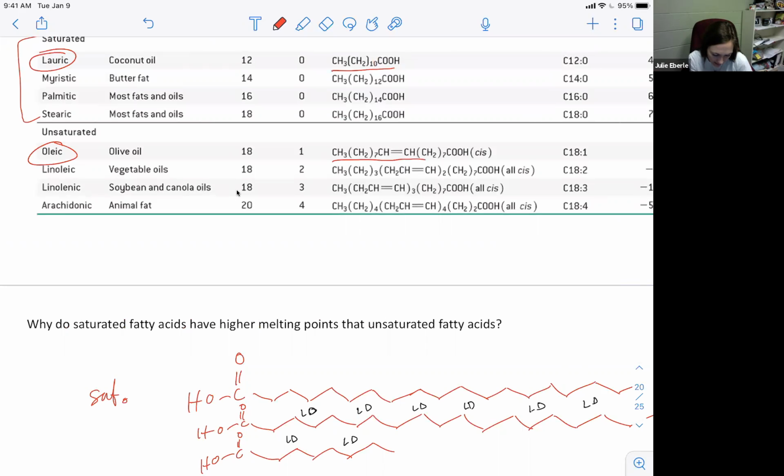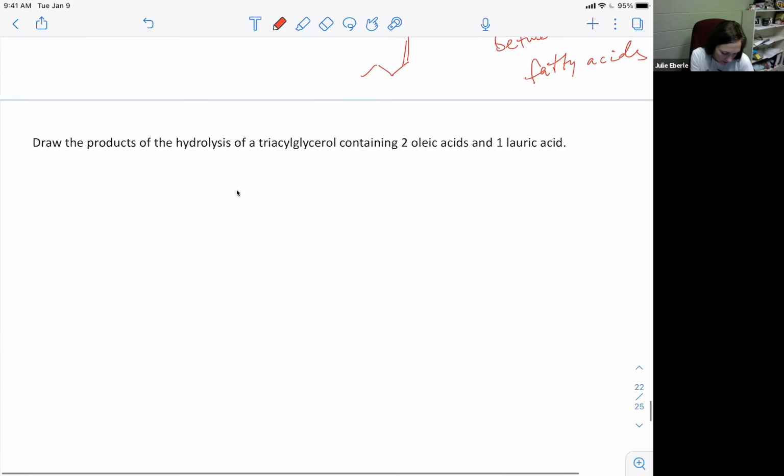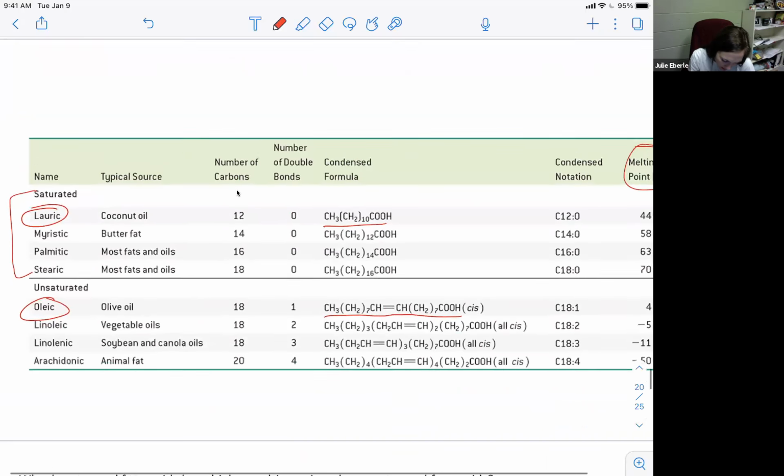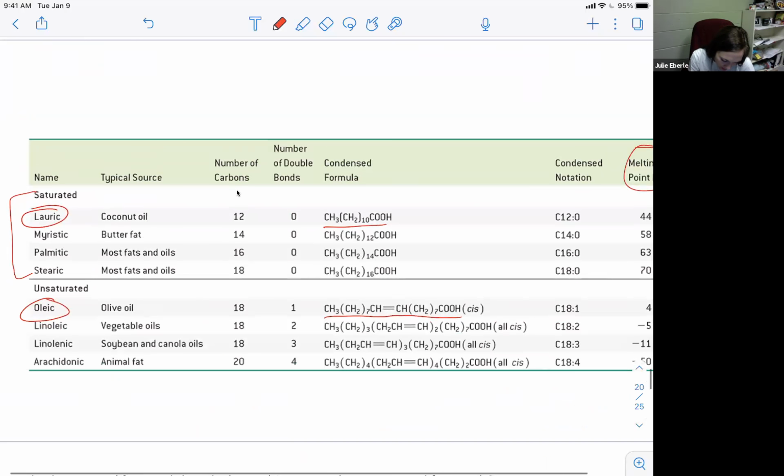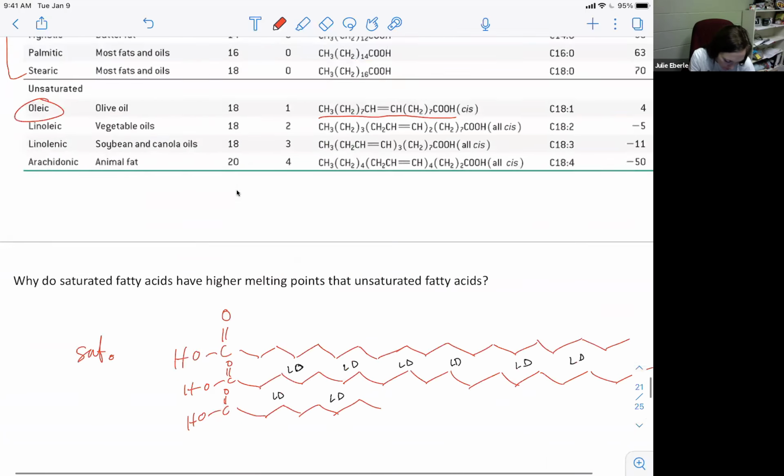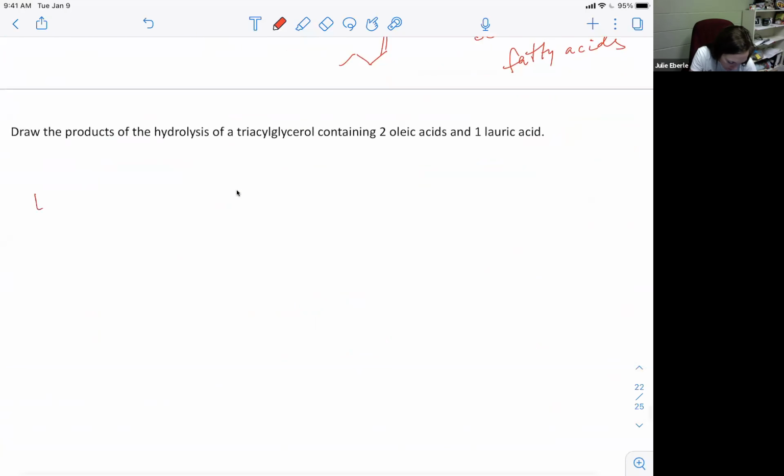Then here's oleic acid. Let's just draw lauric acid down here first. C2, got 10 CH2 groups and a CH3 group. And then here's the carbonyl carbon. So first, this is going to be bonded to glycerol, right?